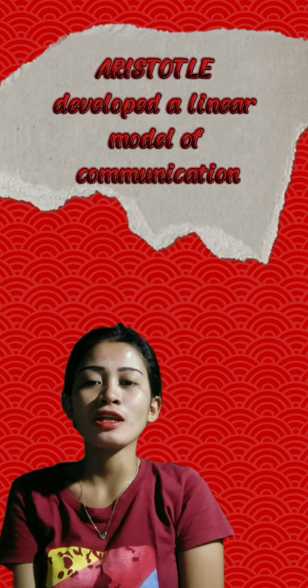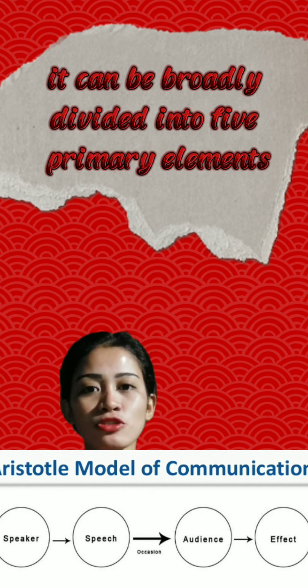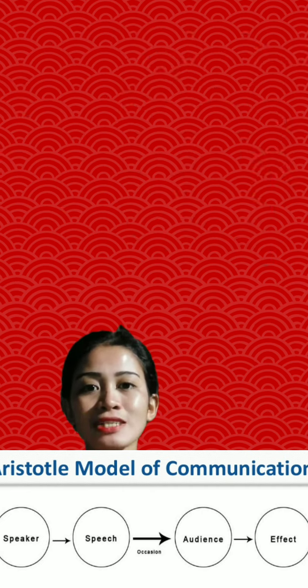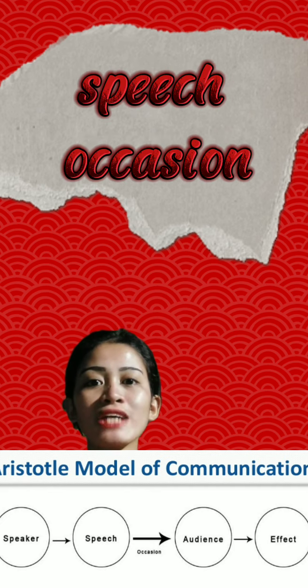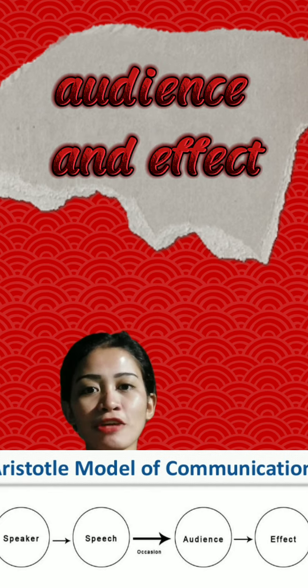Aristotle's model is mainly focused on the speaker and speech. It can be broadly divided into five primary elements: the speaker, speech, occasion, audience, and effect.